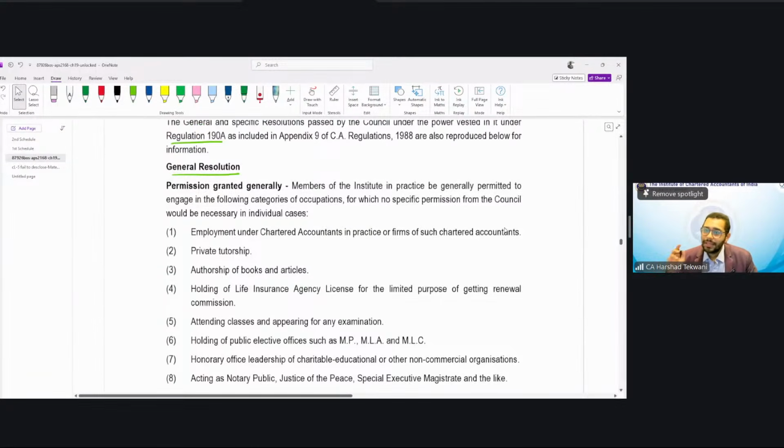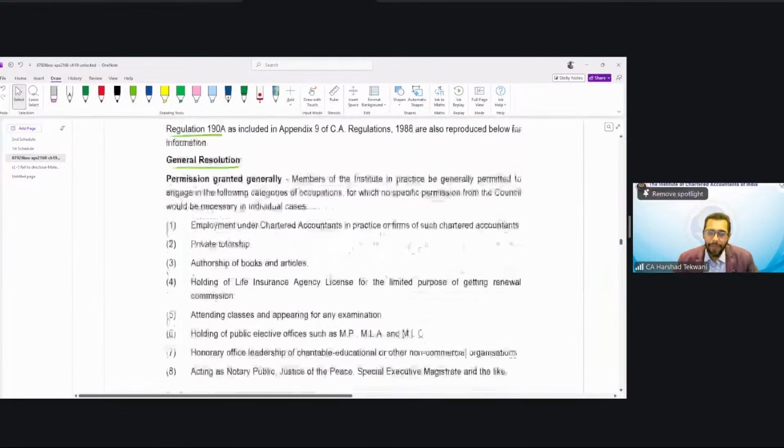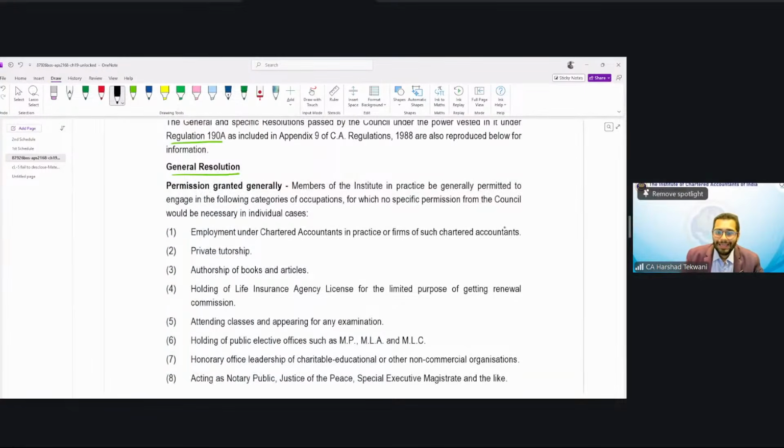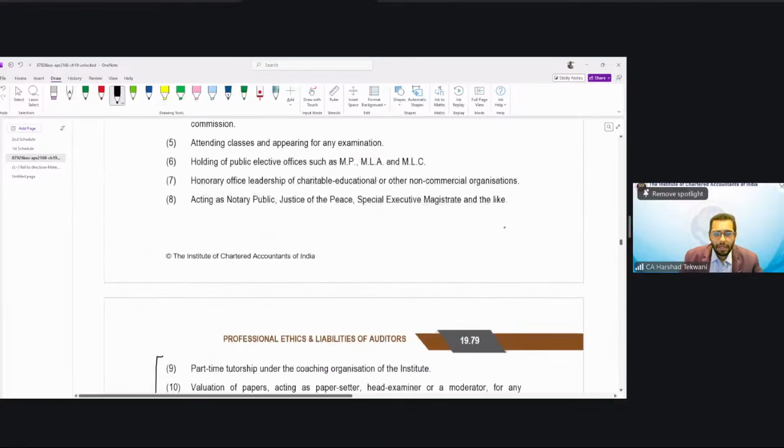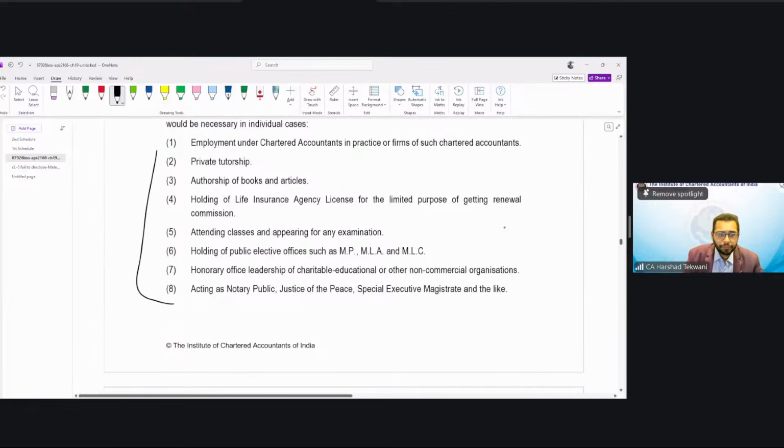But here is a concept that we need to understand. Under this particular general resolution, all these items which are there are defined. That means it's not something where, sometimes we say, this is an example list given and anything similar we can include.